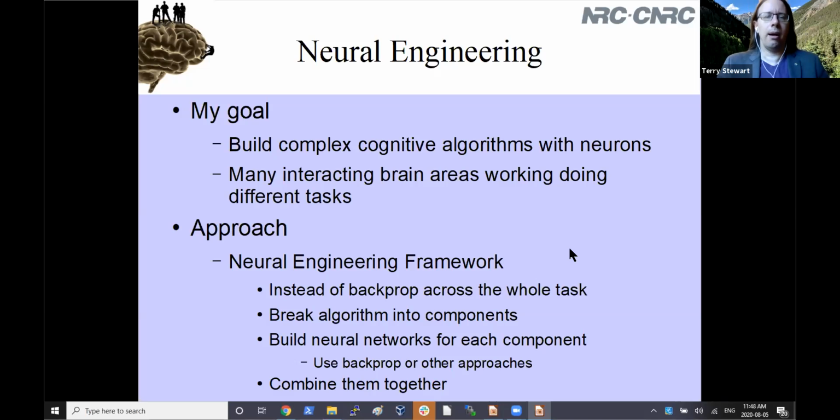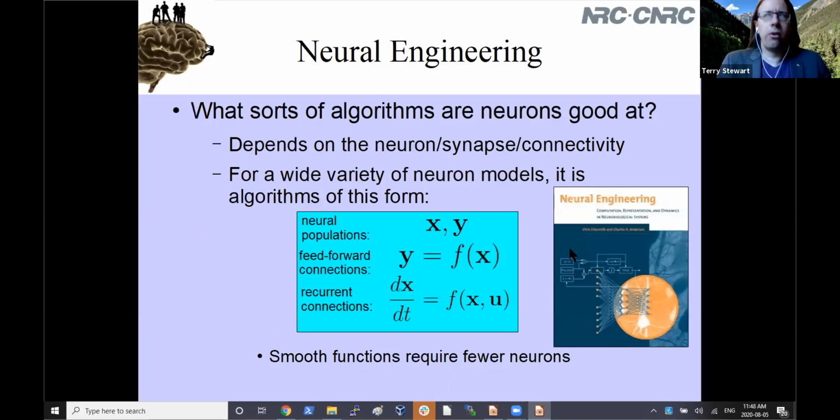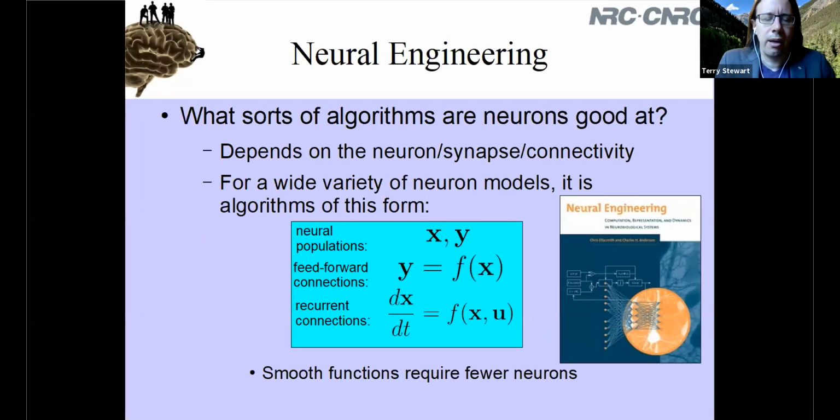Okay. And so the thing that's a little bit interesting about this approach is I often have to modify algorithms. So I can't just take a normal algorithm that has a bunch of if statements and for loops and symbolic type operations and implement those components, because neurons aren't particularly good at implementing those components.